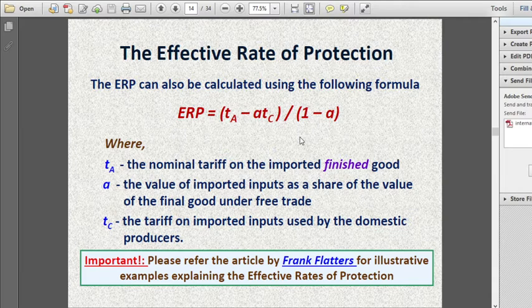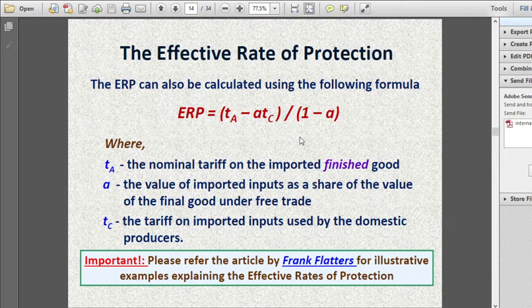Effective rate of protection. ERP can also be calculated using this formula, where ERP is equal to the nominal tariff on the imported finished good minus the value of imported inputs as a share of the value of the final good under free trade multiplied by the tariff on imported inputs used by the domestic producer, divided by 1 minus the value of imported inputs as a share of the value of the final good under free trade.